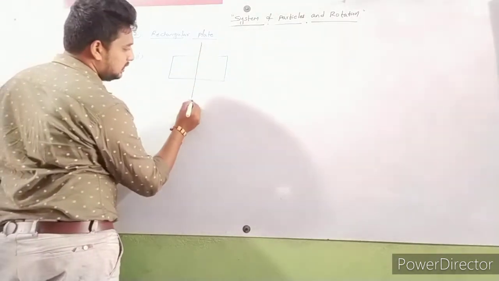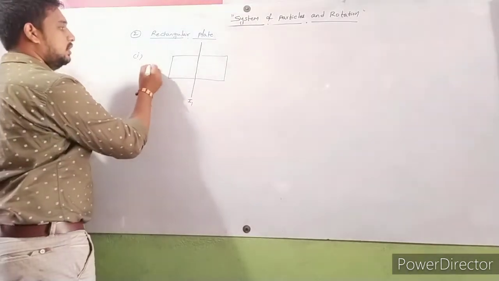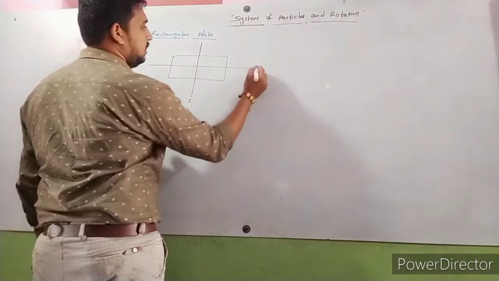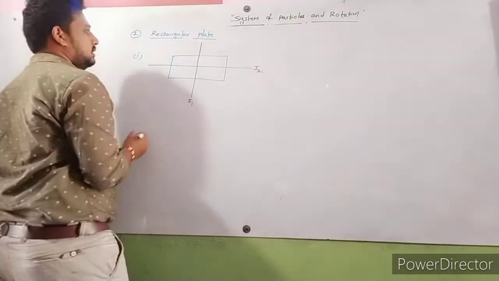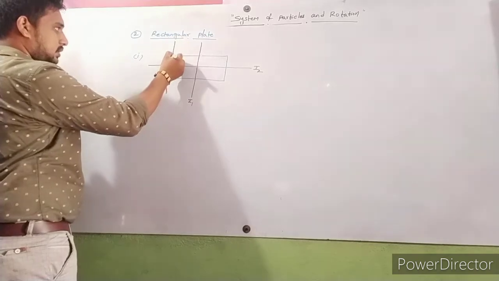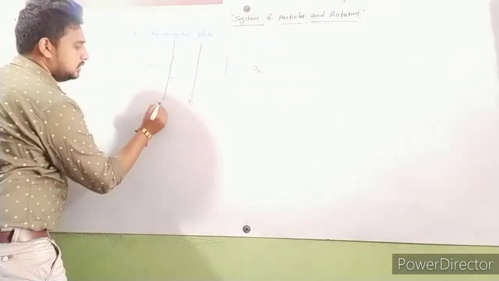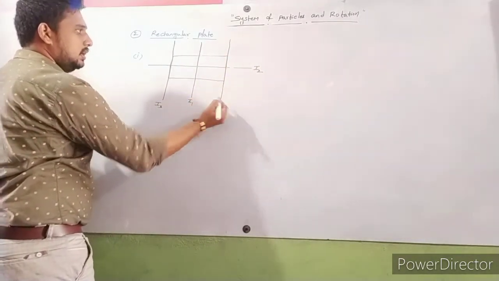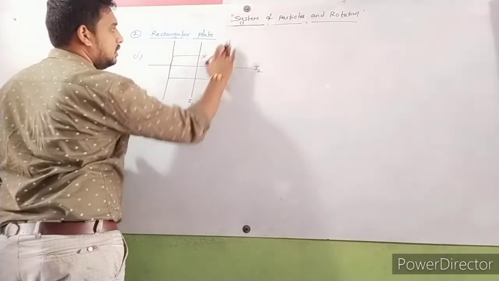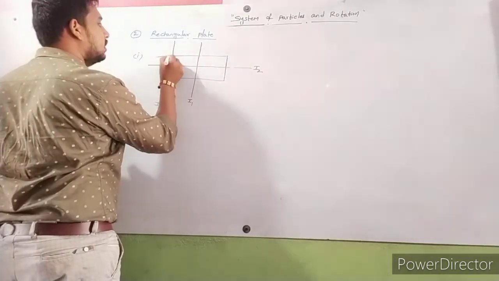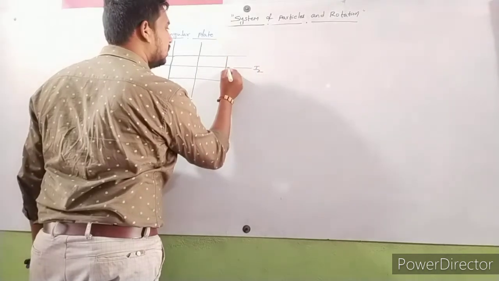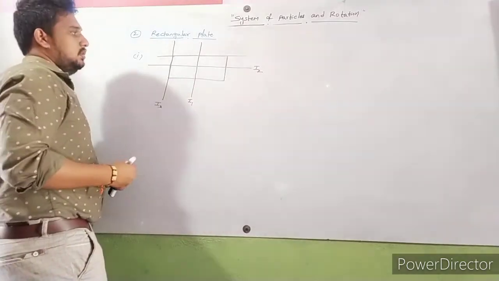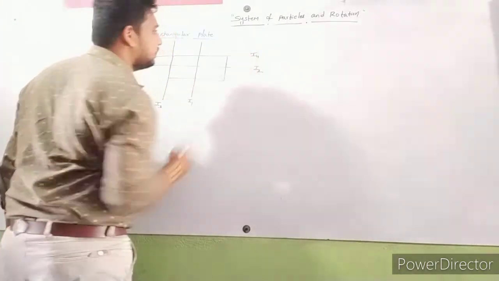So this is I1, I2, next this is I3, next this is I4, right.